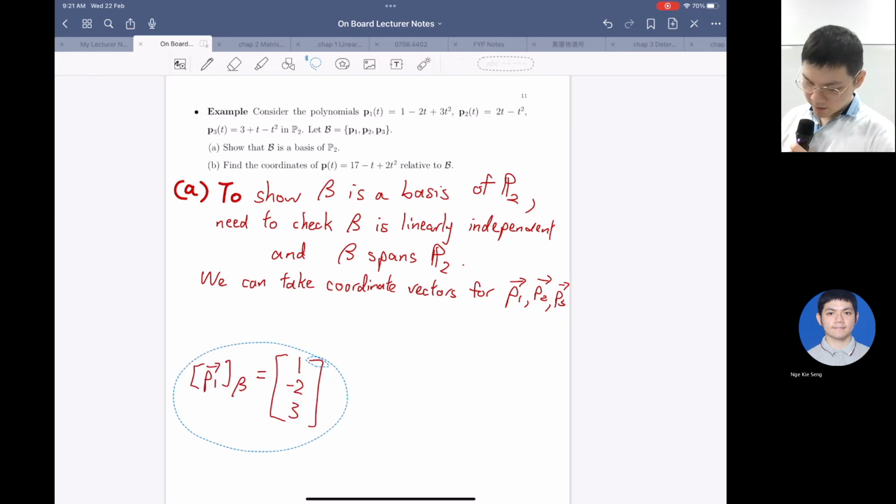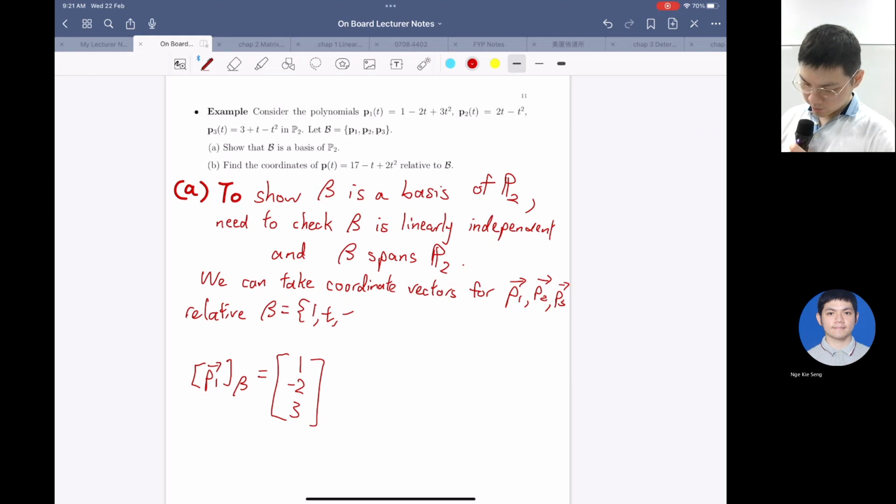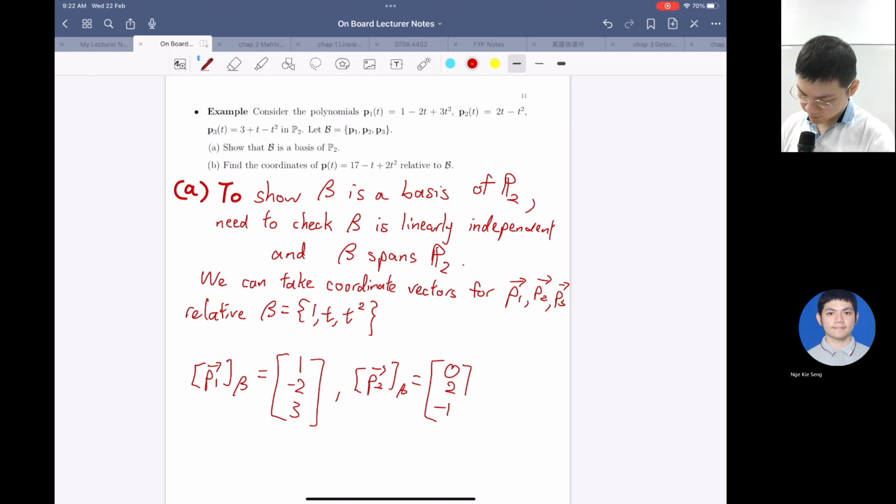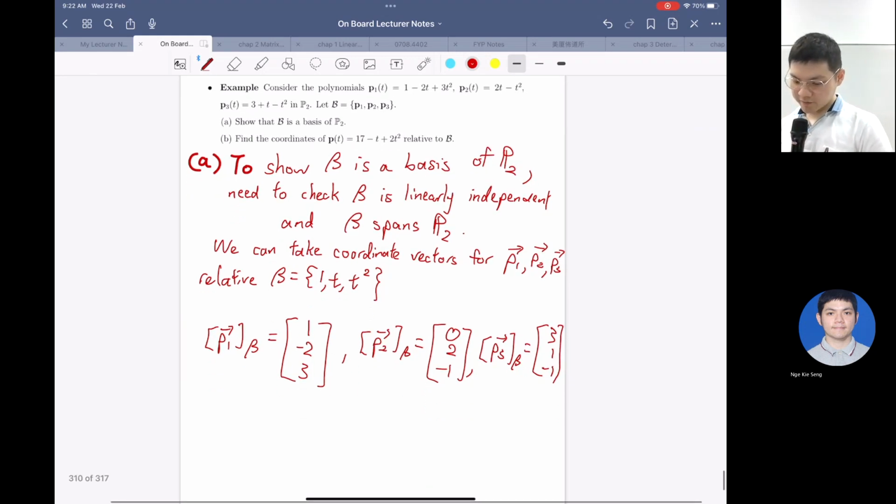But this one we take relative to the basis 1, t, and t squared. If I change this basis, the coordinate vector will change as well. In this case we choose the standard one. For P2 we get 0, 2, minus 1. P3 we get 3, 1, minus 1. Good, so I get these three vectors.